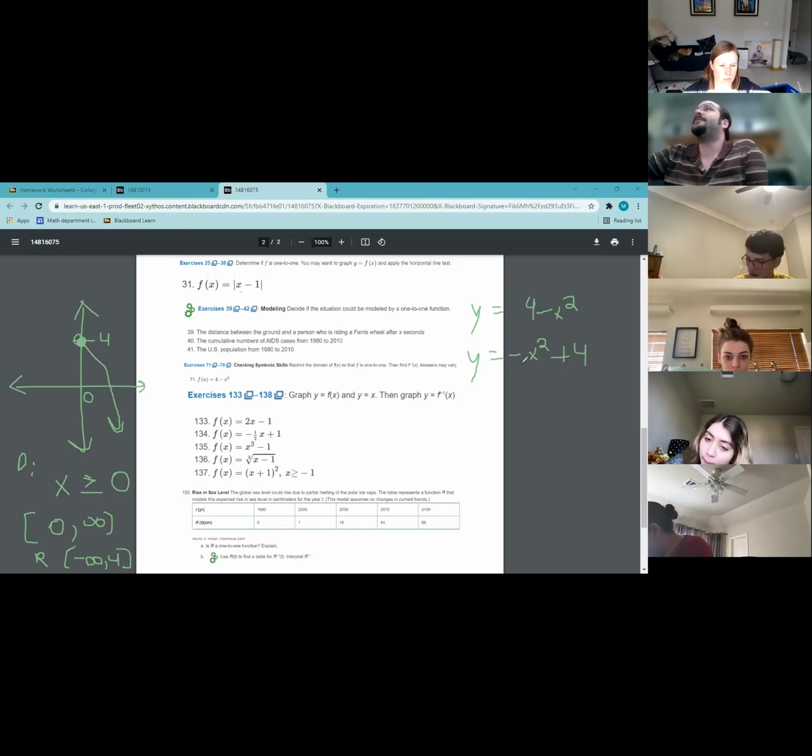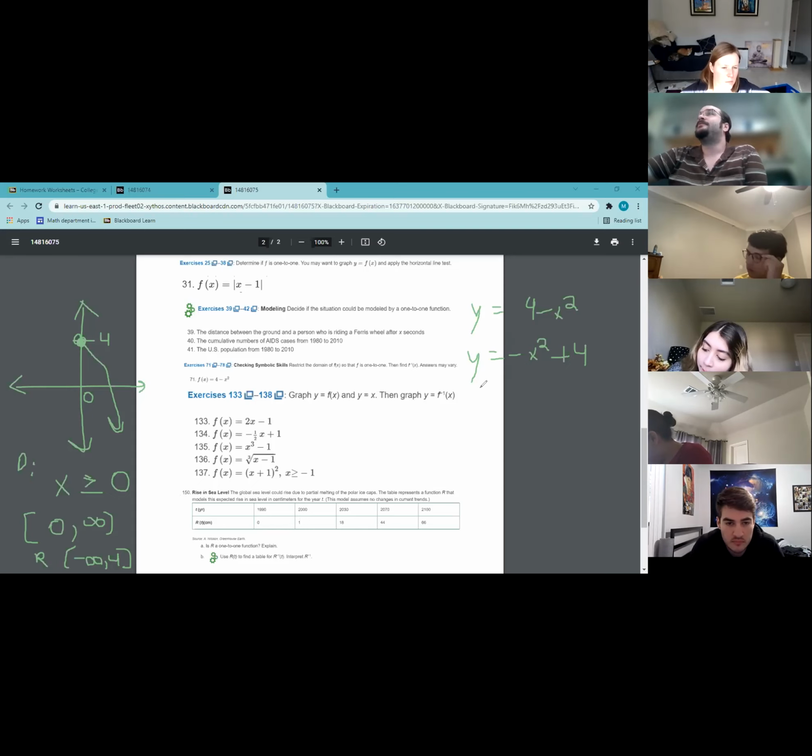Okay. So if we're trying to do the inverse, we have y equals minus x squared plus 4. I swap them and I solve. So this is going to be x minus 4 is equal to minus y squared. I have to multiply everything by a negative: negative x plus 4 equals y squared.